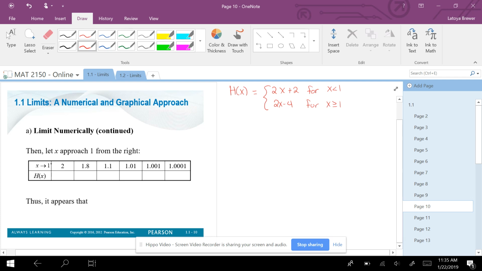But now this time, imagine your number line. The value we're concerned most with here is 1, but I'm going to approach from the right. So what number is directly to the right of 1? Well, 2. So we're starting at 2, but then we're going to inch closer to that value that we're most concerned about, that 1.